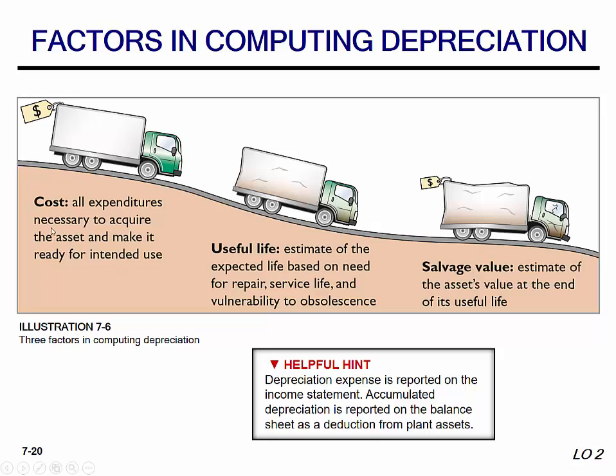So we had historical cost or HC for this one, and over here we've got salvage value. We're going to use this in some of our formulas. So just make sure that you understand that salvage value is what we estimate that the asset's value will be at the end of its useful life.